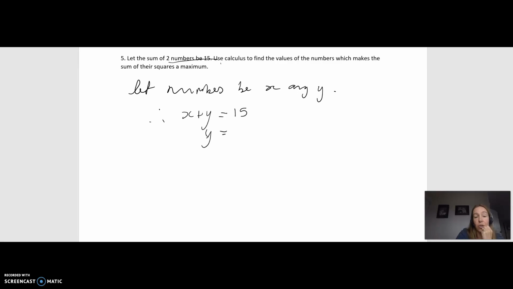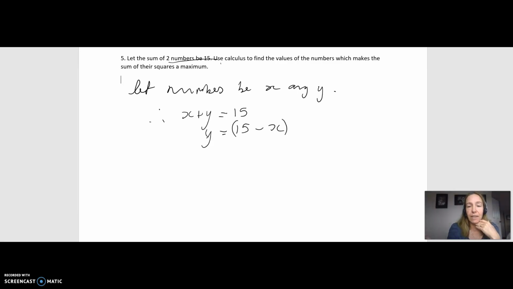So y in terms of x is 15 minus x. So I have two numbers: I have x, and y can be written as 15 minus x. Now I have the two numbers in terms of x.